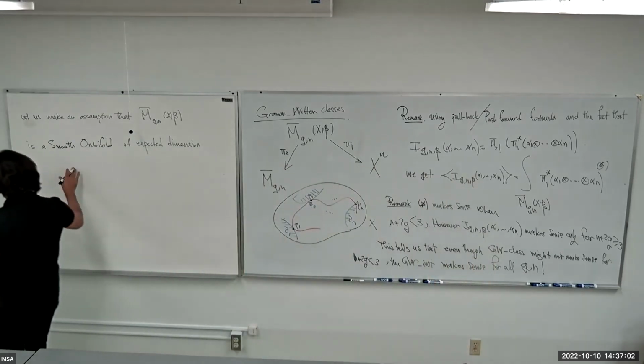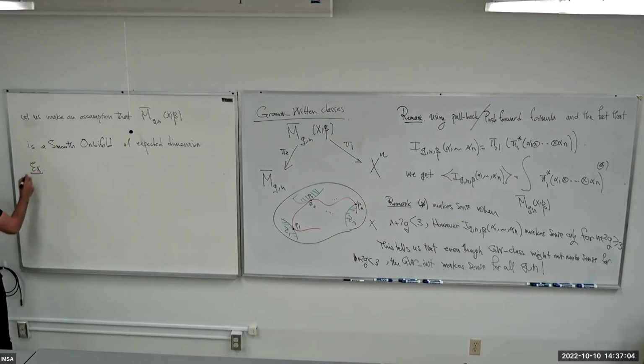All right, there's a smooth example. We discussed smooth stable map moduli spaces.